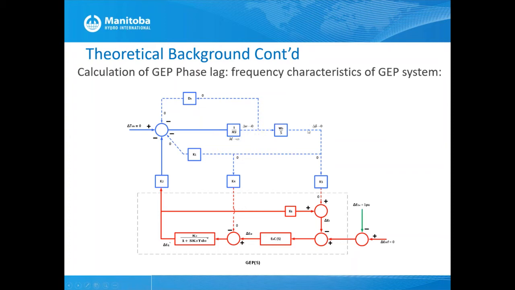Then delta omega and also delta both become 0. So this path won't contribute anything, and these paths also do not contribute, same as here. So this will isolate the other inputs to the GEP system. So when we apply the input here and measure the air gap torque, we can only measure this contribution. So we want to identify the phase characteristics of that contribution.